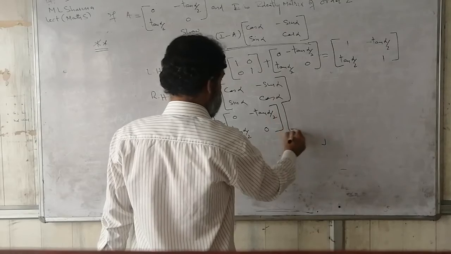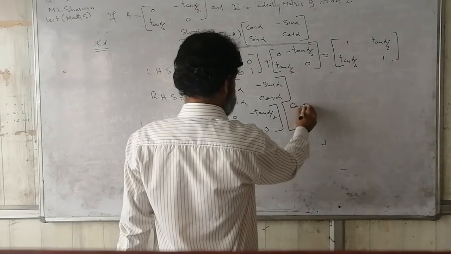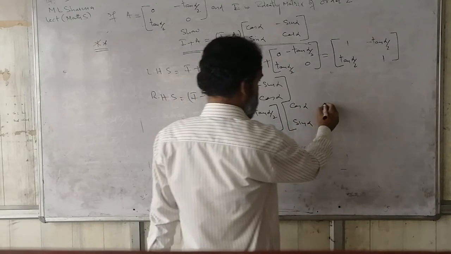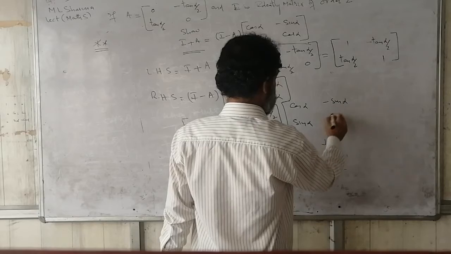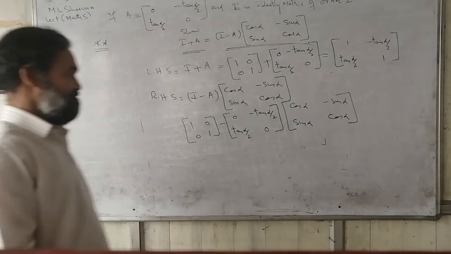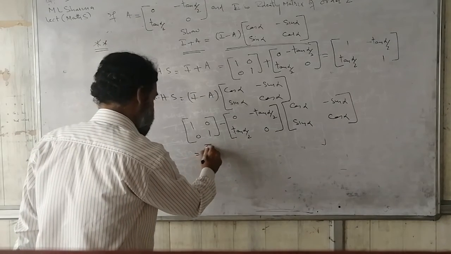So this is to be multiplied by cos alpha, sin alpha, minus sin alpha, cos alpha.